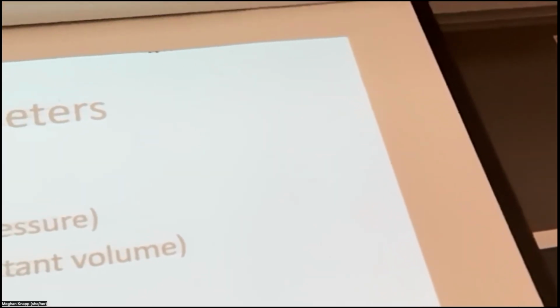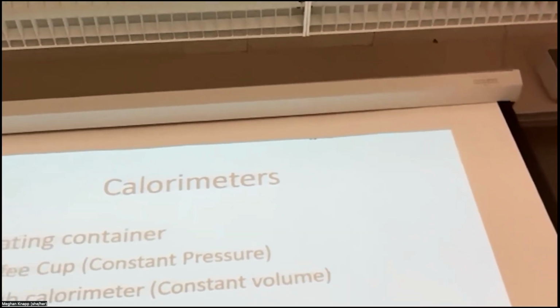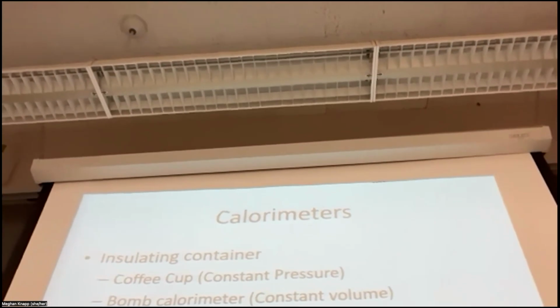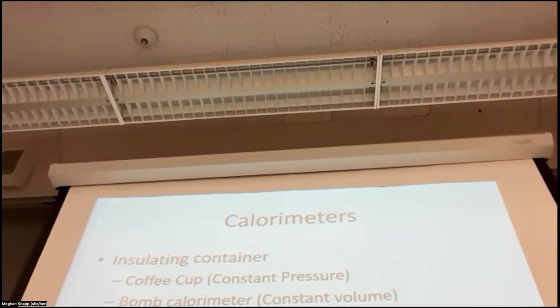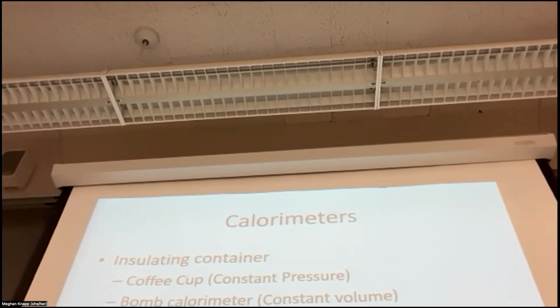So with the insulated containers, the coffee cup, we're using constant pressure. If we use a bomb calorimeter, we have it all in a sealed container. And so if there are any gases that are made, it's going to keep them at the same volume, but it's going to change the pressure, because if we make gases, it'll increase the pressure.